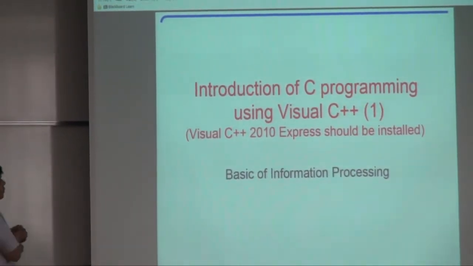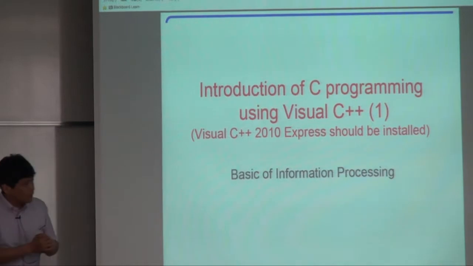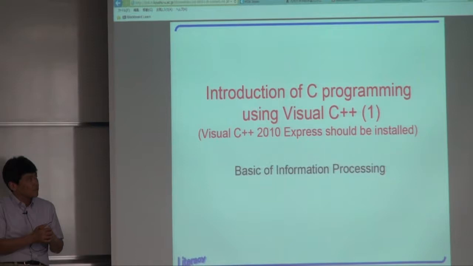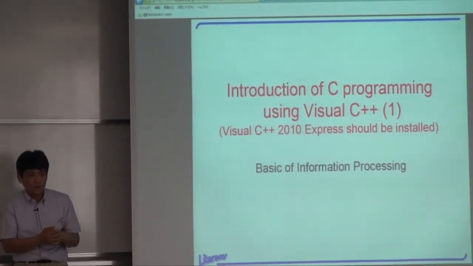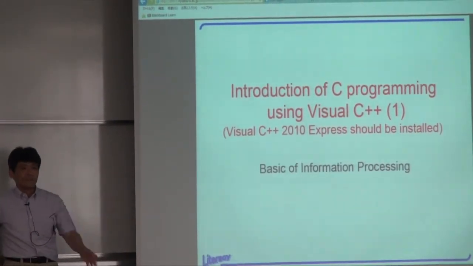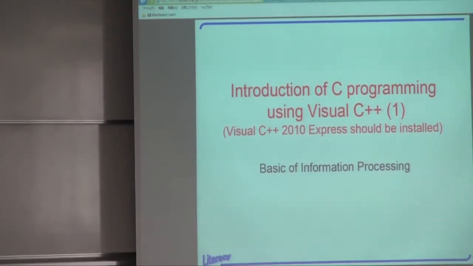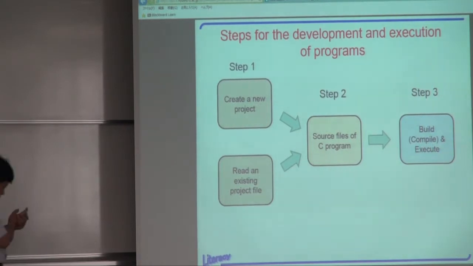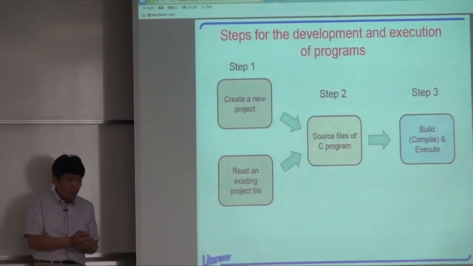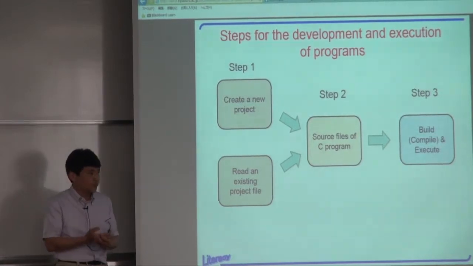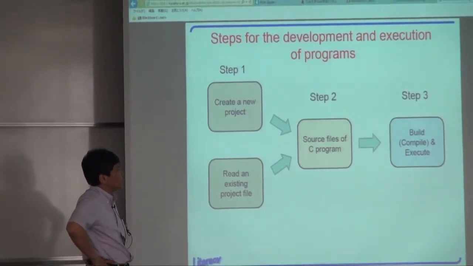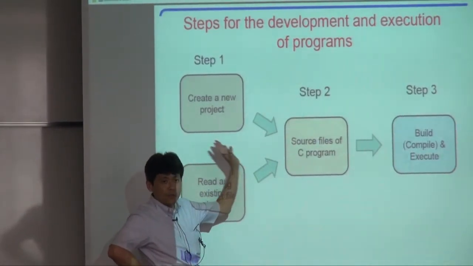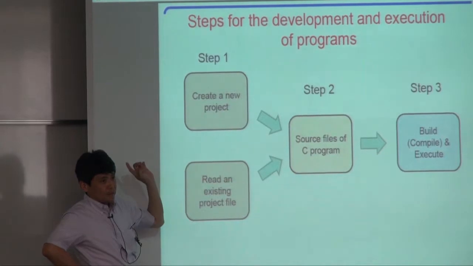This content explains how to make a project file and start making a program, compiling and debugging, and running the executable program. Using the compiler program, you can make your program and execute it through these three steps.